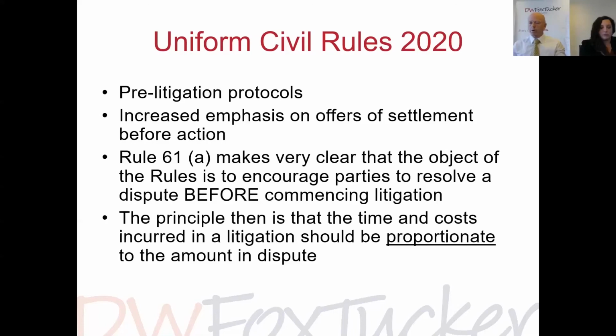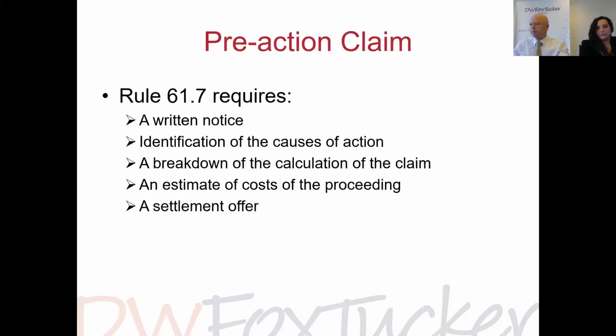I do want to work through Rule 61 and what those provisions are. Some of it can seem quite straightforward, but it really does show the emphasis that the court is now placing on efficiency and proportionality in litigation processes.